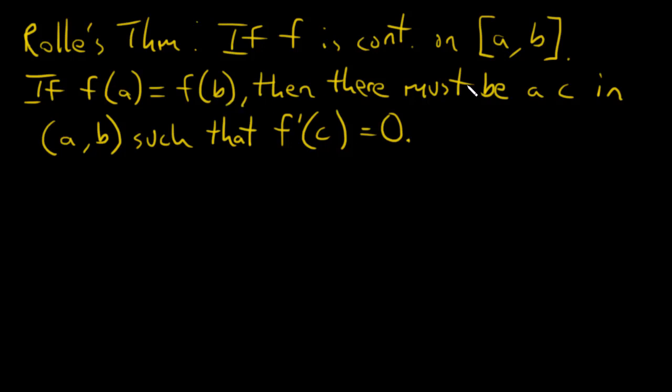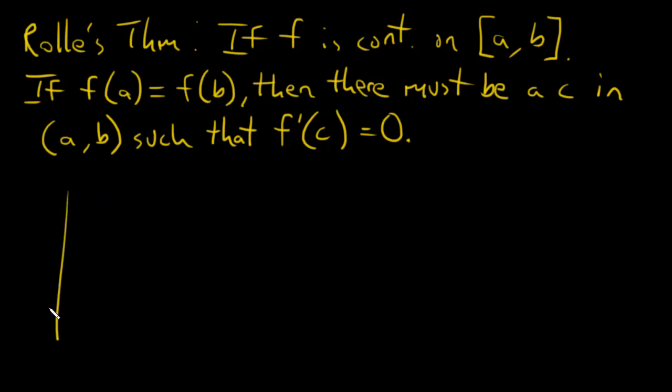So what is f of a and what is f of b? Well, f of a is the y value at x equals a, and f of b is the y value at x equals b. So this is the y at the left side, this is the y at the right side.